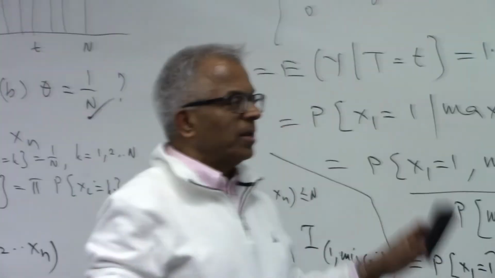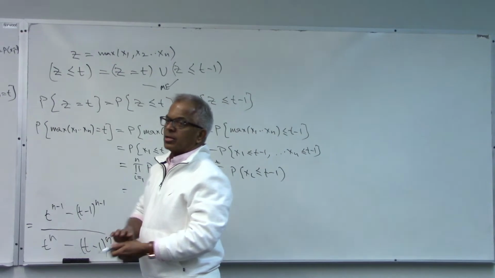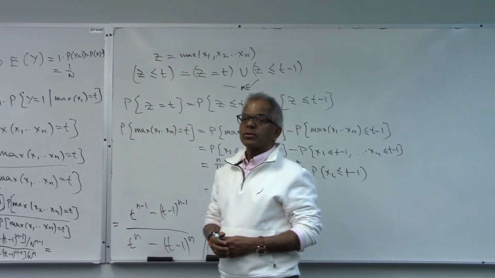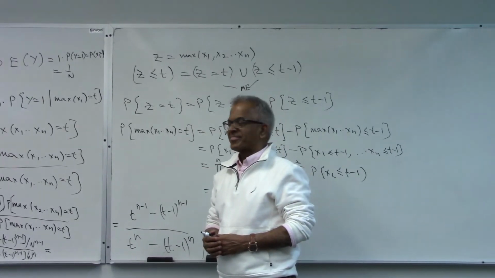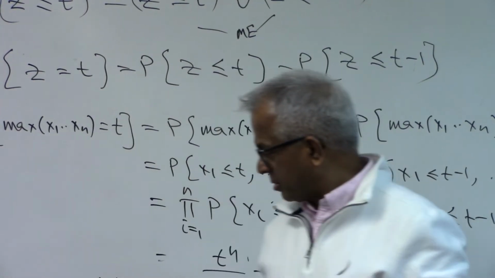So this is done in detail in the notes, so I'll sort of sketch it. Any questions here? Yeah, you have a question? You raised your hand. So look here.